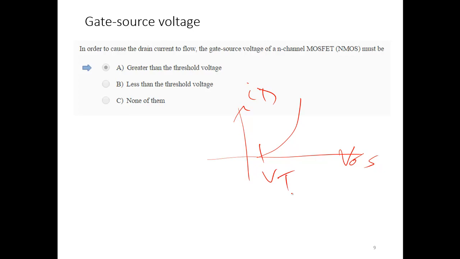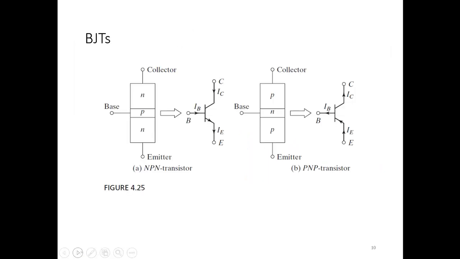If you look at the operation of the MOSFET, there is a channel with a gap there, unless you apply an induced voltage to enhance it or repel the electrons or the holes, depending on the type. So there is a threshold voltage you need to apply for that.